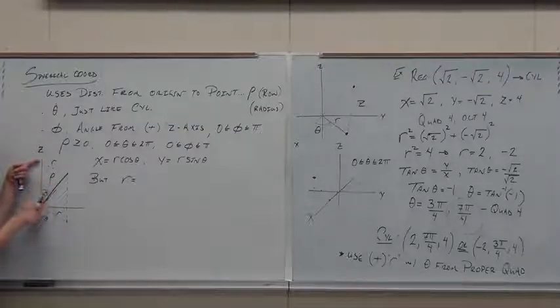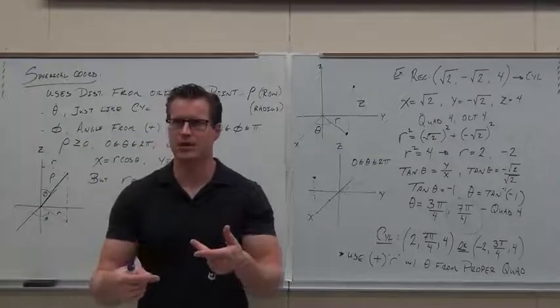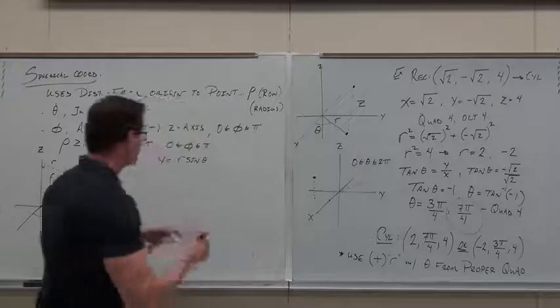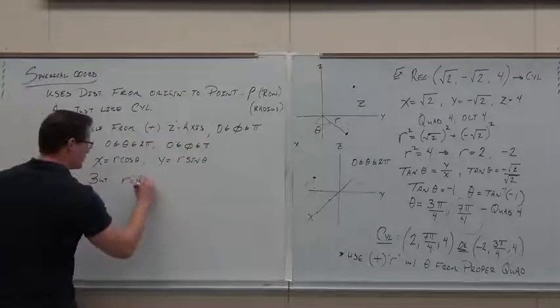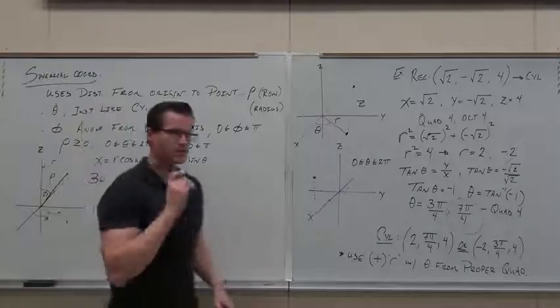So if I'm talking about r, that's opposite. Just think of the triangle here. That's opposite over hypotenuse. What gives us the relationship of opposite and hypotenuse? And if I solve for r, we get rho sine phi.